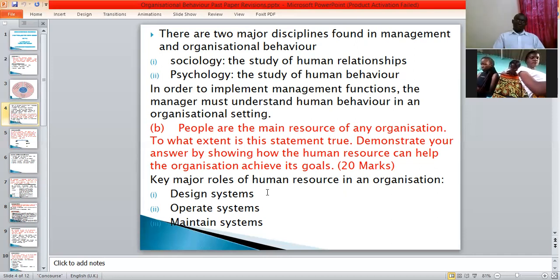Do you agree? Yes. Because human beings design systems. Human beings operate systems. And human beings maintain systems. Okay. So this is the reason why in an organization, people are the main resource, even if you are using a computerized system.